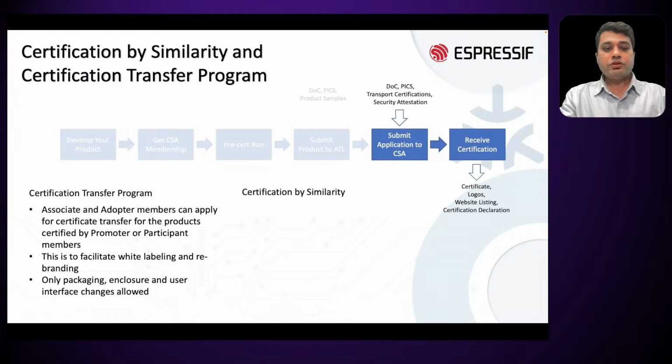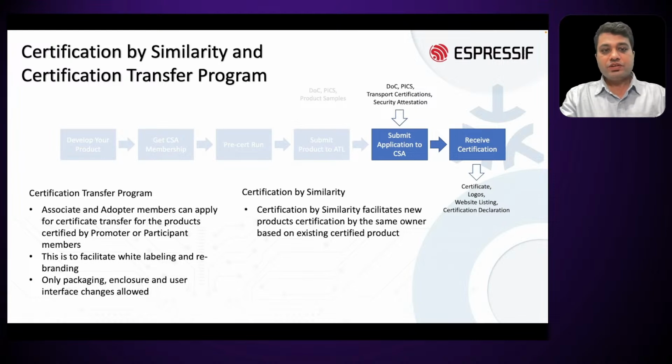Now, when we talk about certification by similarity, it basically facilitates deriving the certification based on your own product, which is already certified. So, if you think that the product is almost the same and there are only minor changes, then you can apply for certification by similarity by giving the justification to CSA.